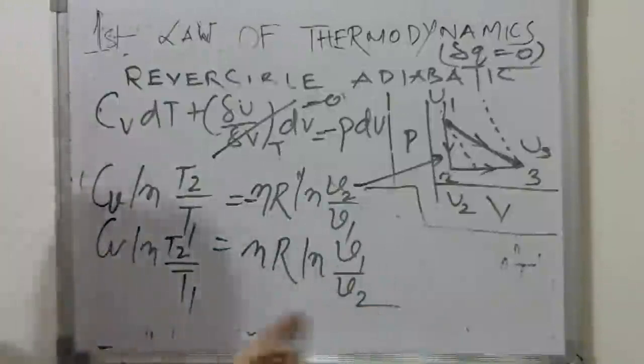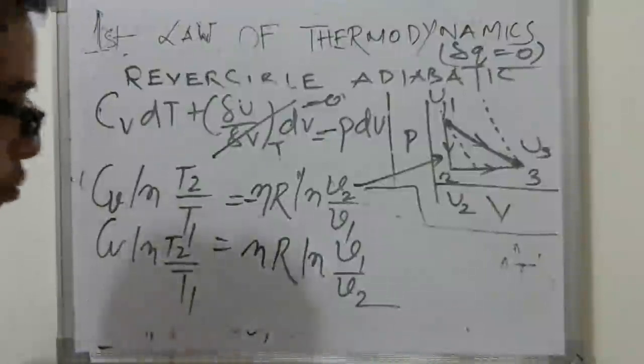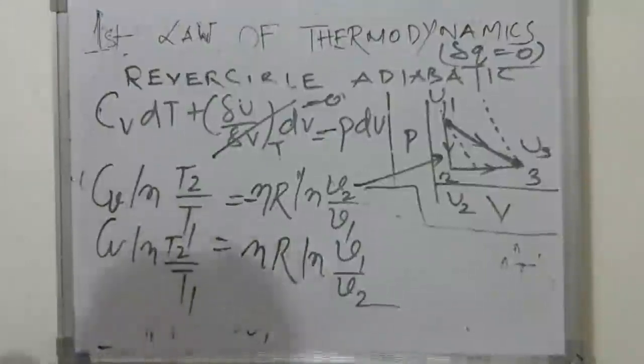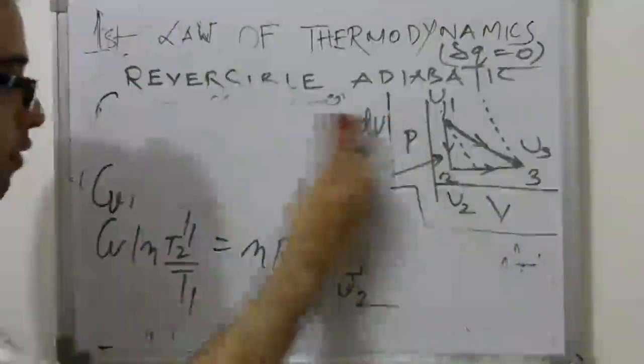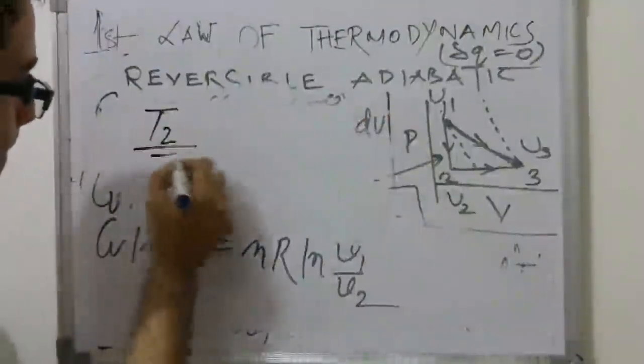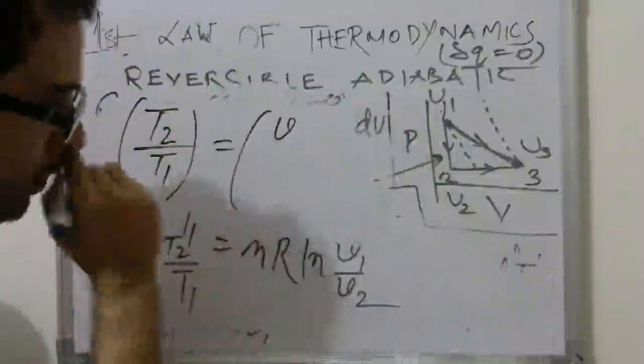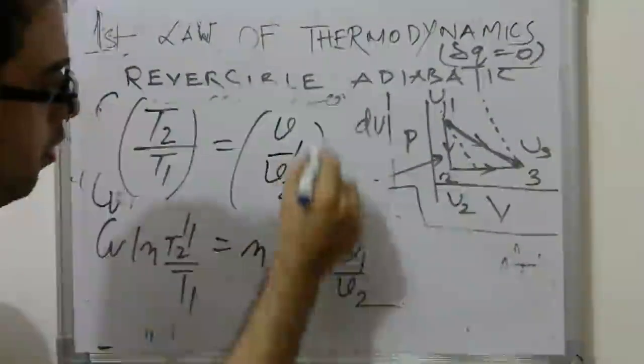So this gives me an expression from which, by substituting, I have T2 by T1 is equal to V1 by V2 to the power R by CV.